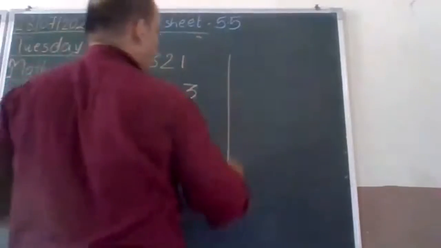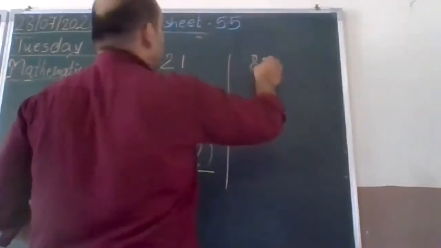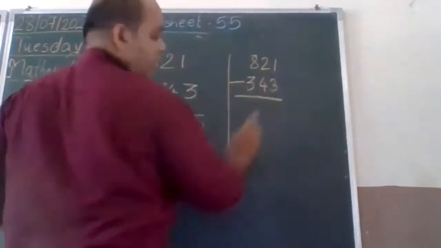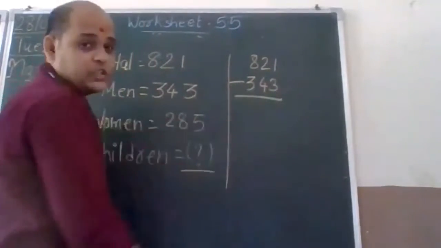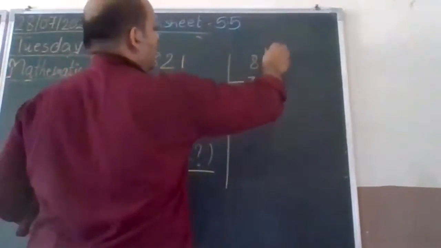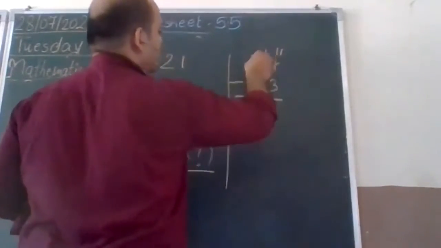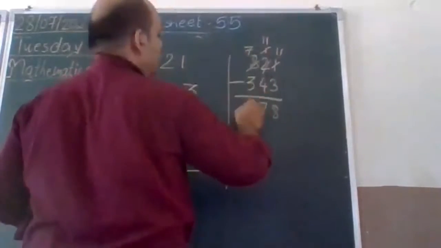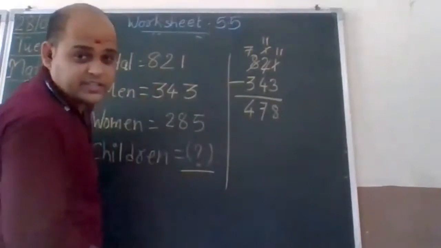One way of doing it is 821 minus 343. Whatever answer you get here, you have to find out. So now we have got 478.